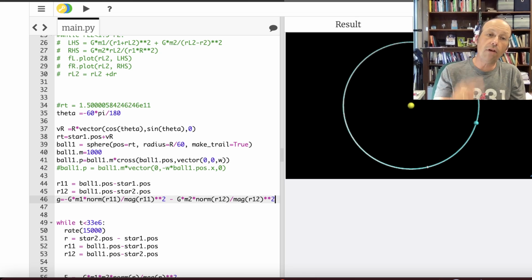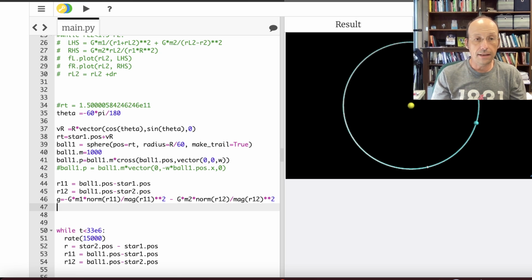So that is the gravitational vector at that starting location. And let's print that out. Print G equals G. And don't worry about the units.